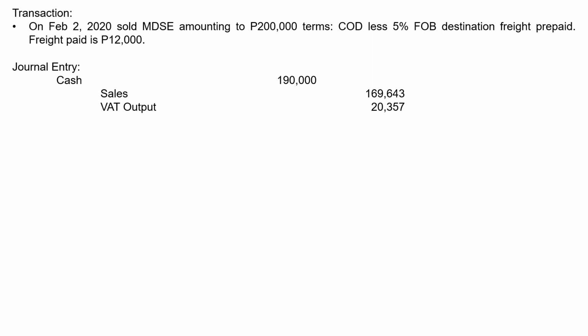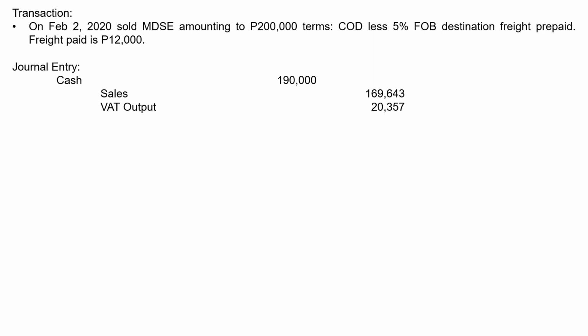That is normally the case: if the problem is silent or did not mention, that means VAT inclusive or VAT included. So to split the amount of VAT from the cash received of 190,000, we divide it by 1.12, so that 169,643 is the sales, and then the VAT output is 20,357.